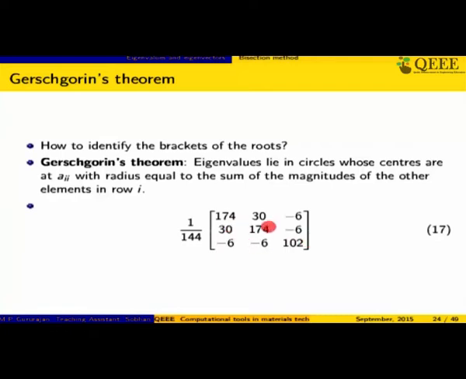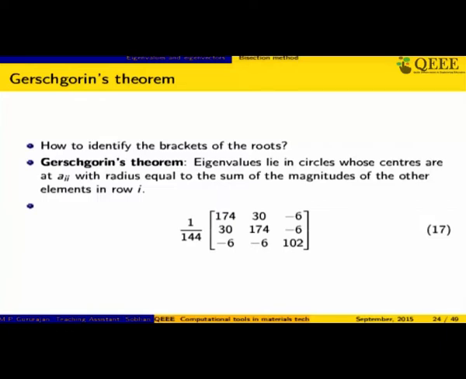Can you now look at this and use Gershgorin's theorem and tell where the eigenvalues should be? We already know where the eigenvalues are: one is at 1, one is at 0.7, and the other one is at 1.4. Can you see if you get them using Gershgorin's theorem? Can you tell me the origins of all three circles and the radius of the circles you have to draw about each origin?